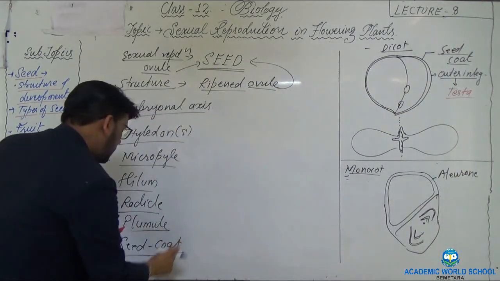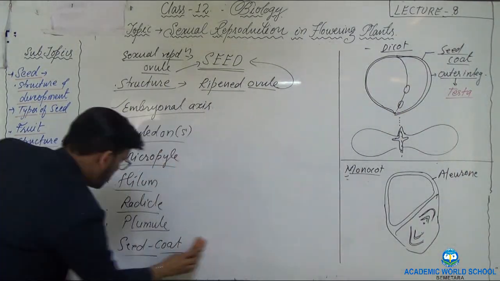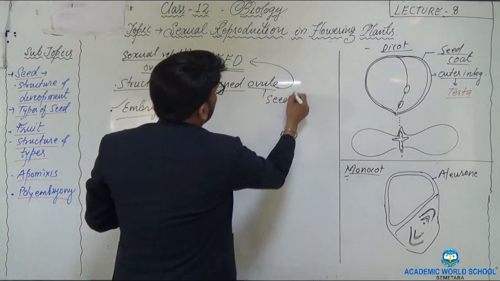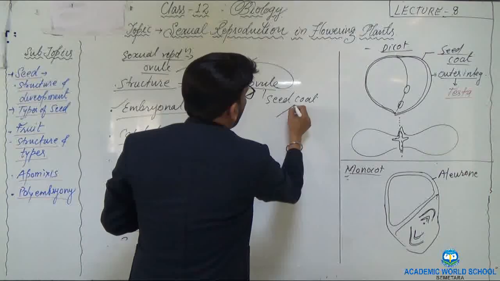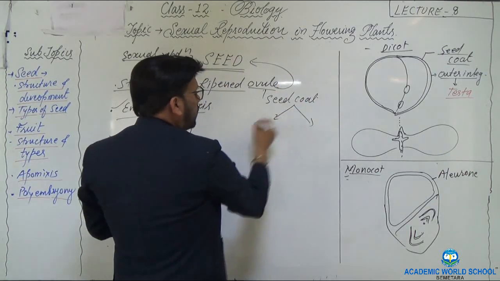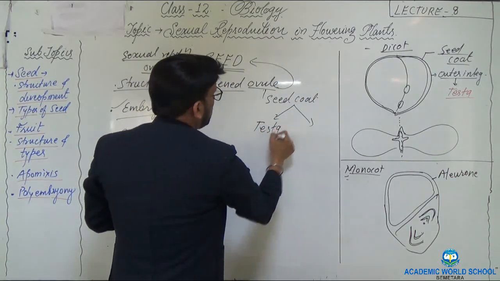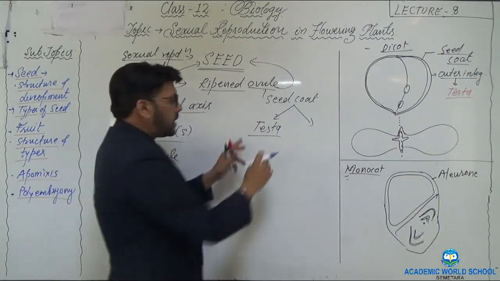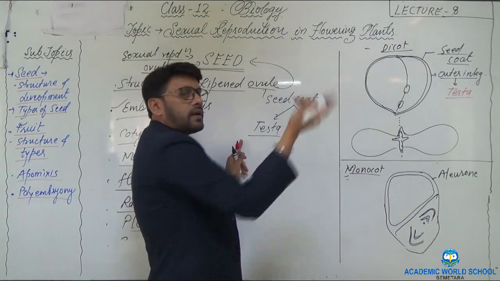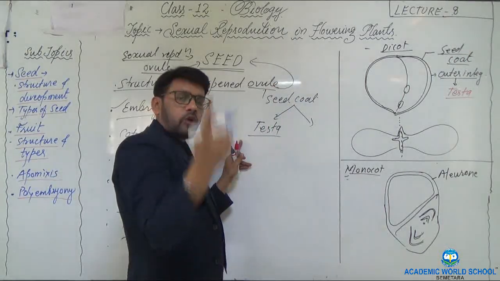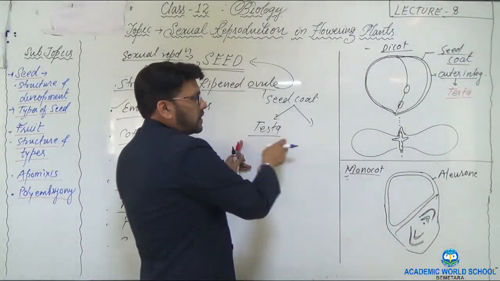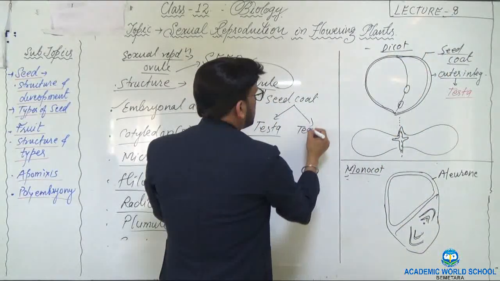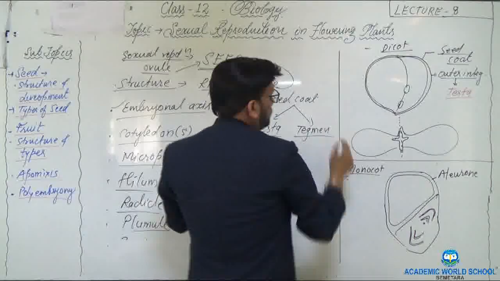So you can see here, I'll just write on the top. The seed coat has two layers, the outer testa, the outermost layer. So it is the result of the outer integument. So the outer integument changes into the testa. Then it has the inner layer. This inner layer changes into the tegmen.